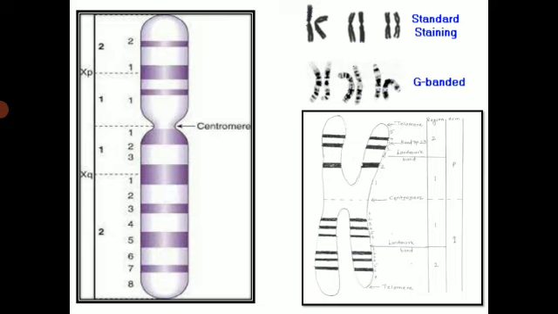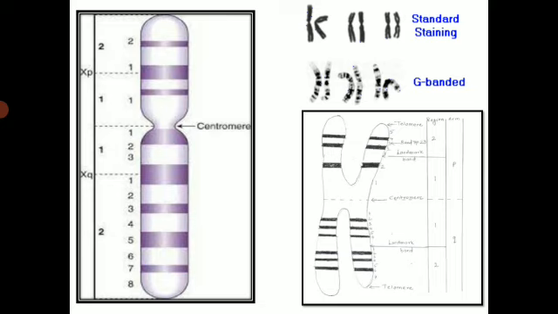Okay. So banding techniques reveal many morphological features and finer details of the chromosomes by which chromosomes can be identified. Okay. At the Paris Conference in 1971, a system of nomenclature was established that can be used to designate the position of any band or interband in a given chromosome.